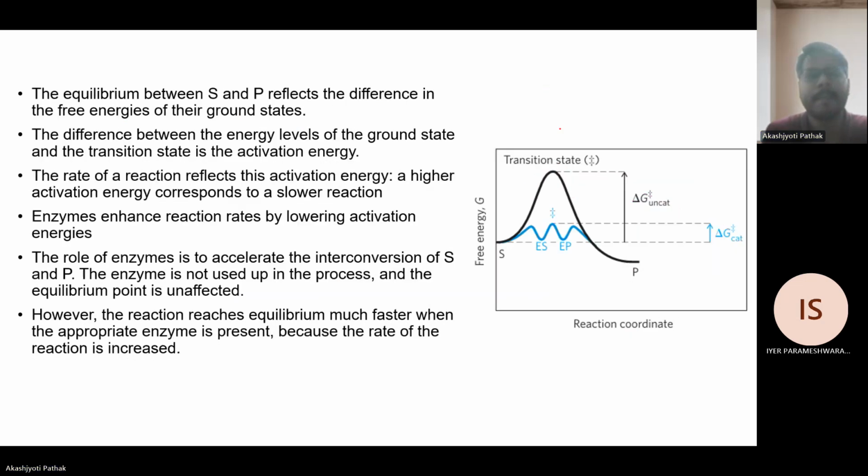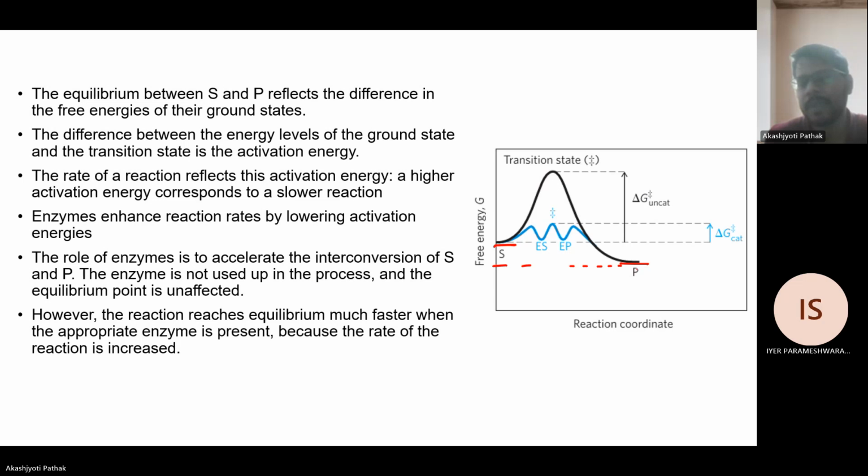How will you define an equilibrium state? The equilibrium between a substrate and a product is the difference in the free energies of the ground state. This is the free energy of the ground state of the substrate, and for the product, the free energy of the ground state is this point.